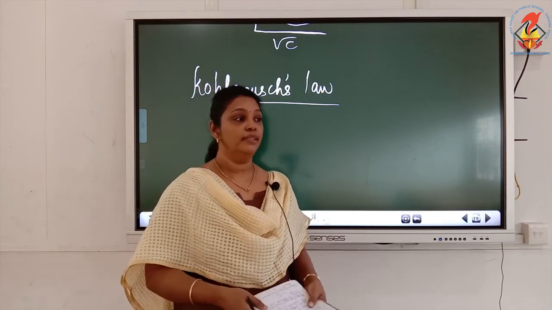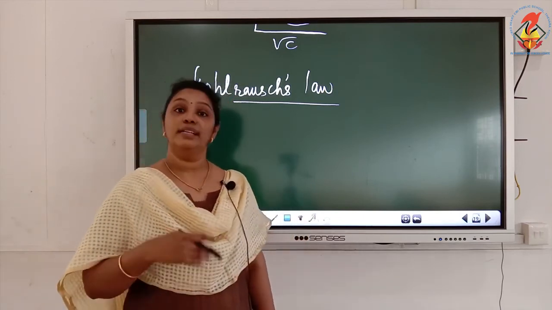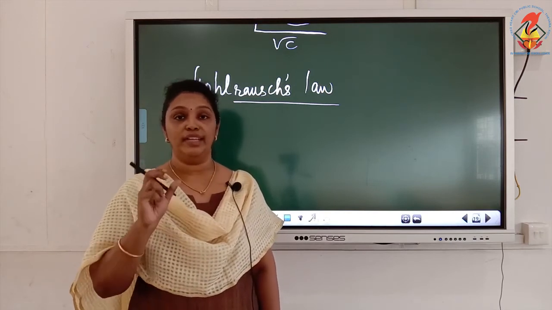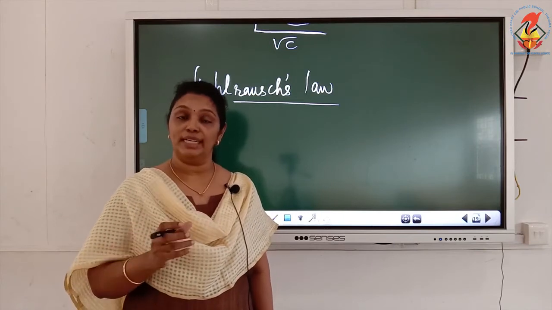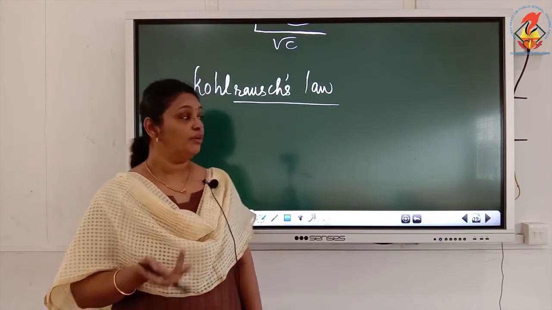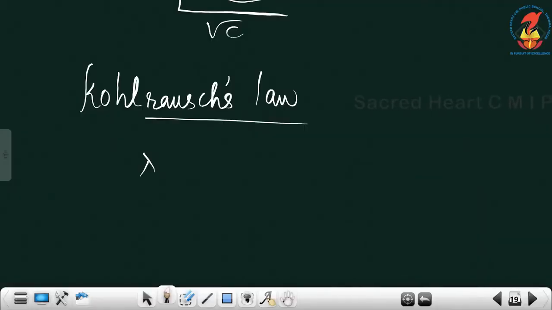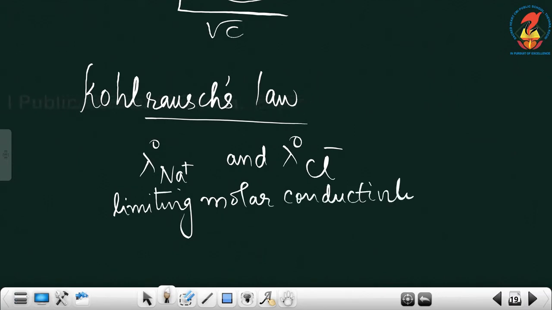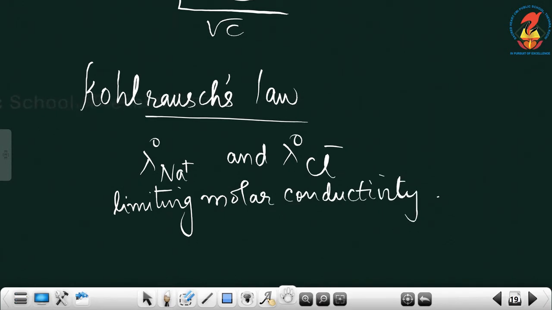With the help of this law, we can find the limiting molar conductivity of a weak electrolyte. As well, if you know the molar conductivity of the ions, we can find the limiting molar conductivity of a strong electrolyte also. Suppose lambda naught Na+ and lambda naught Cl- represent the limiting molar conductivity of Na+ and Cl- ions.